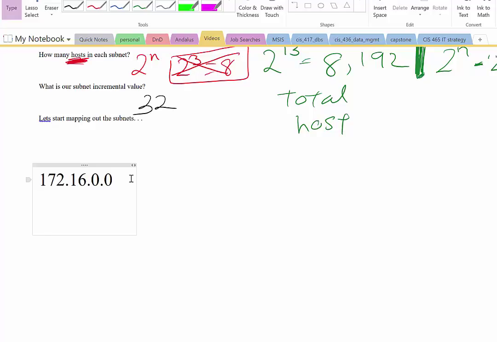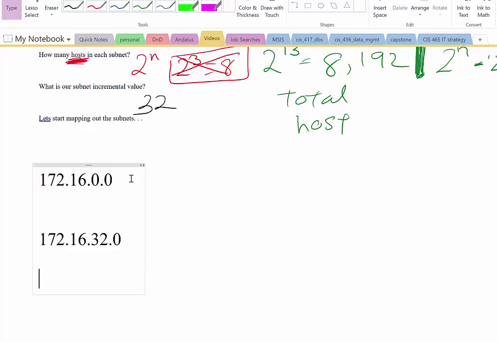And remember, we're working in the 3rd octet. So I'm going to give a couple of lines here. 172.16. Remember, we can't change the 1st octet. We can't change the 2nd octet. We're only allowed to play around in the 3rd octet. And if you add 0 plus 32, you get 32.